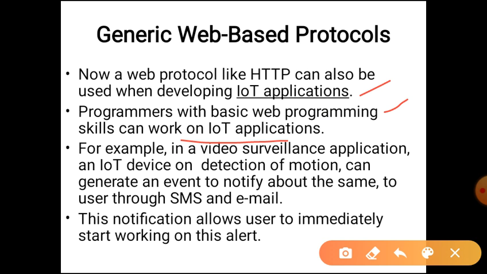One example is a video surveillance application, where you can have an IoT device that detects motion, and on detection of motion it can generate an event that notifies about this motion through methods such as SMS or email. On obtaining these alert messages, certain actions can be taken by the application.